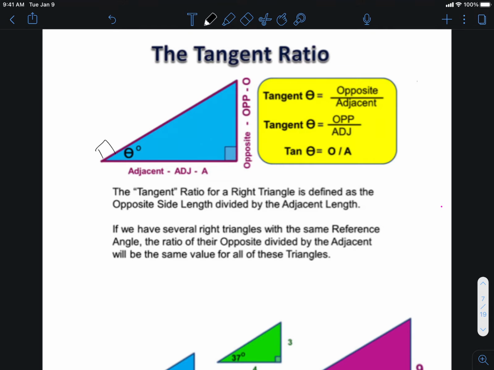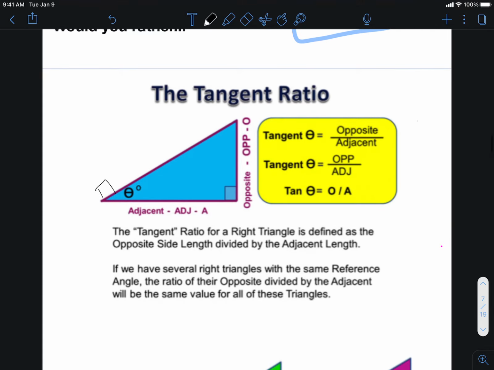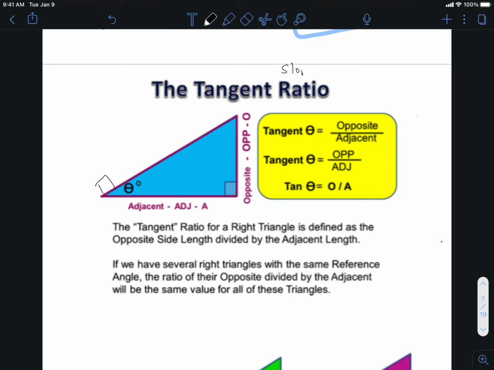If I change the word tangent to slope, and that was equal to rise over run, let's take a look at the word rise. Where is the word rise relative to this triangle down here? Opposite. Where is it on the triangle? It's where the rise was. Opposite.